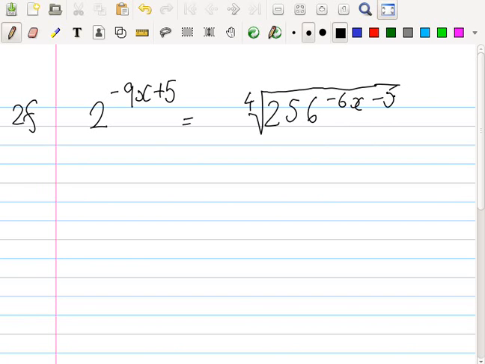Okay, so what do you think here should be done first? You make it 1 over 4. Yeah, but I could do that first, but I'm looking at the 256 here. Is that anything special? No, it's not, is it?